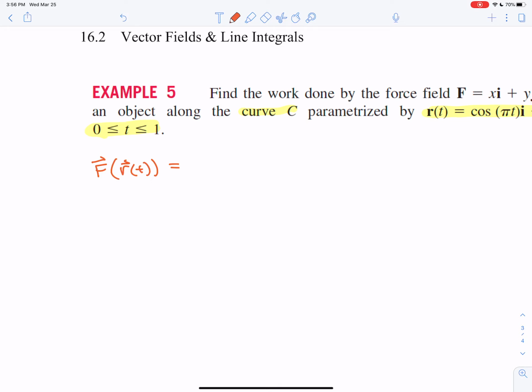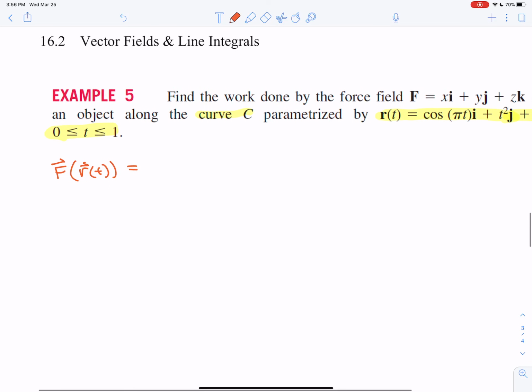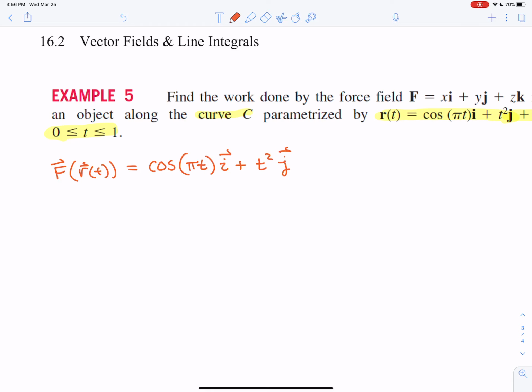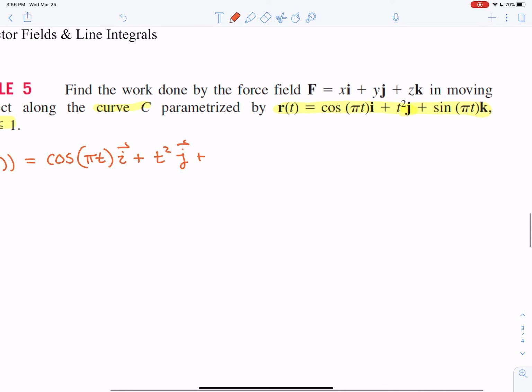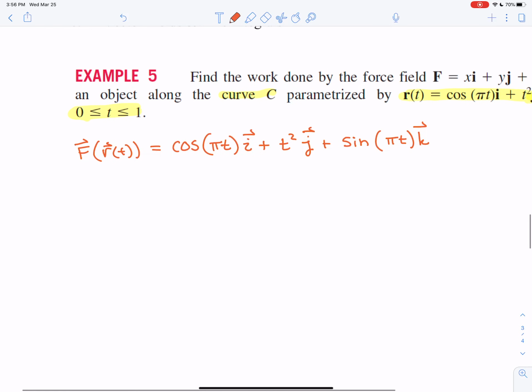So we get x in the i direction, which is going to be cosine of pi t i, plus y in the j, which is just t squared j, plus z in the k, which is sine of pi t in the k direction. Okay, cool. So we rewrote our vector field in terms of t.